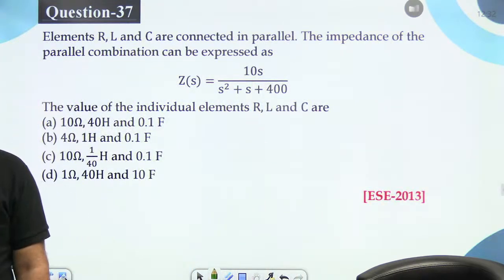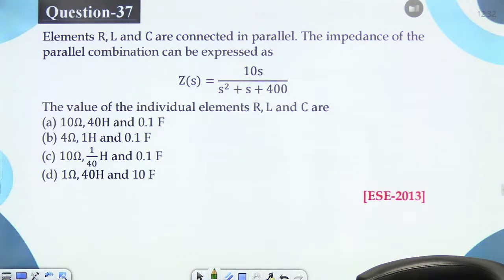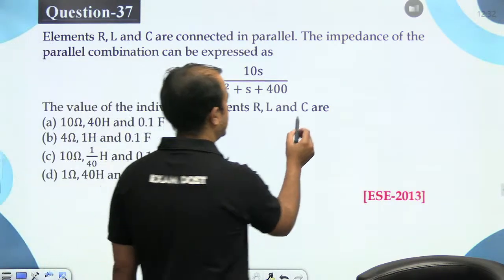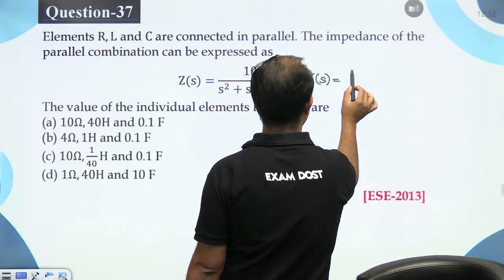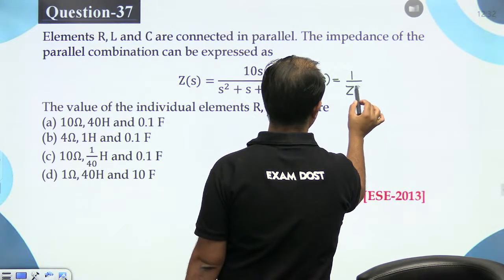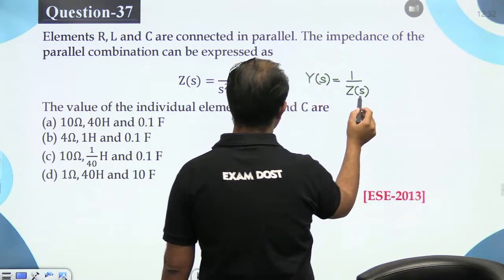Again ESE 2013, RLC are connected in parallel, the impedance of parallel combination. Now for parallel it is always better to go with admittance rather than impedance.